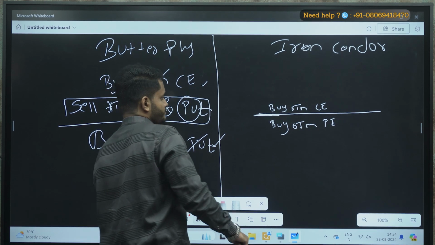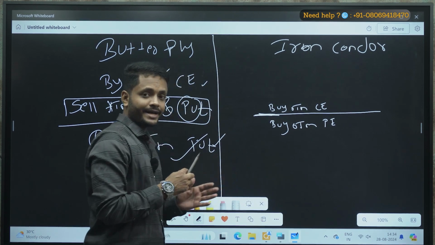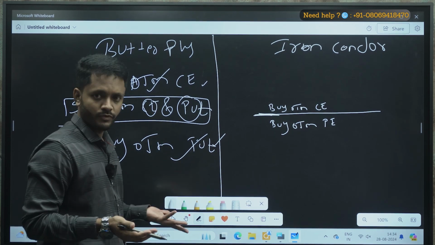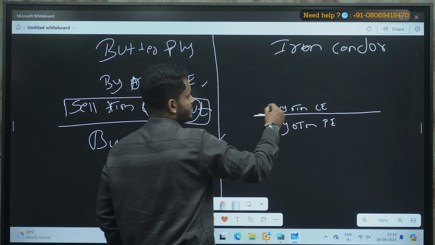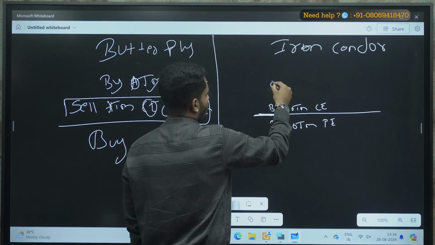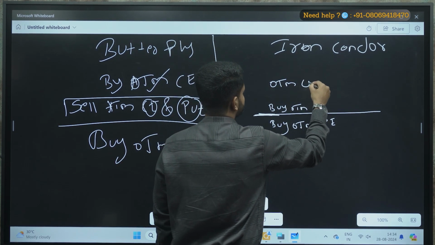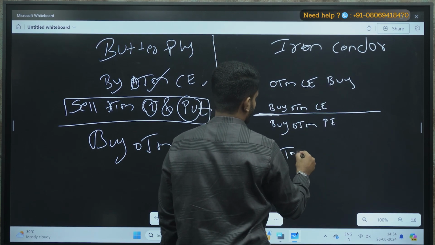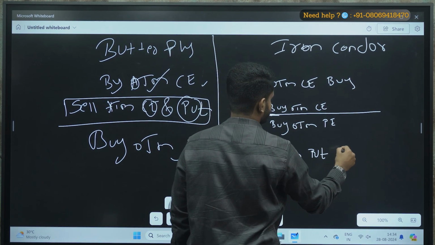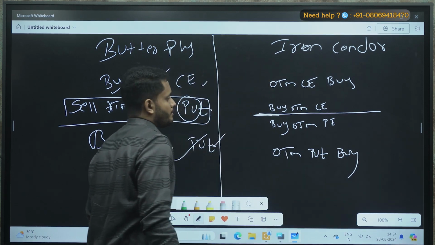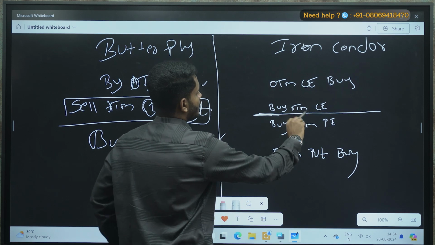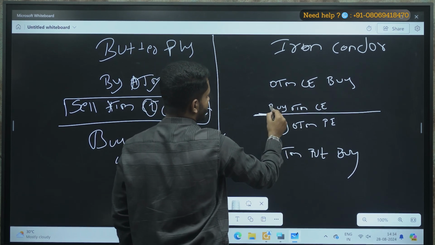And now again, if the market gives direction, say a 1500 move on either side, again you will get trapped. So in order to hedge it, say a 2 or 3 strike OTM call, buy a 2 or 3 strike OTM put. My bad, sorry, this should not be buy, this should be sell.